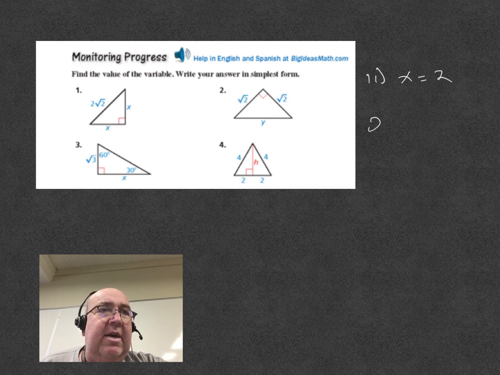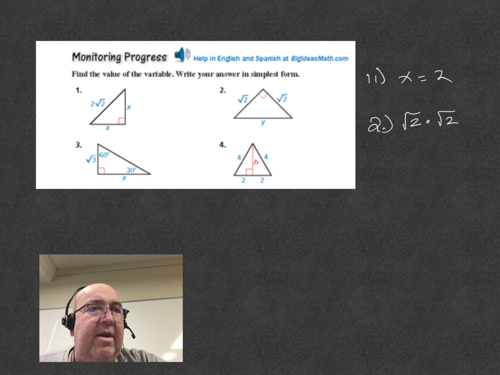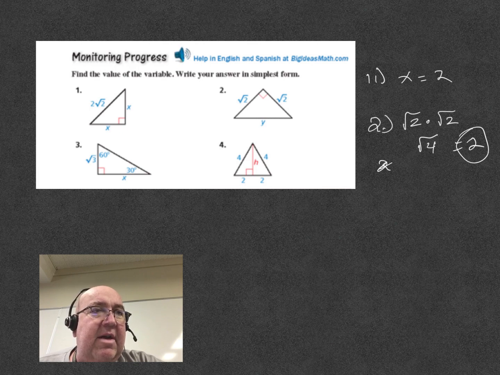Number 2, our side values are square root 2, and we know that the hypotenuse is the side times square root 2, so we're going to have square root 2 times square root 2, and that is going to equal the square root of 4. So x is actually going to equal 2. And that would be our answer for that one.